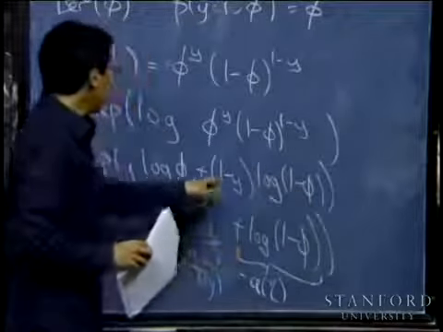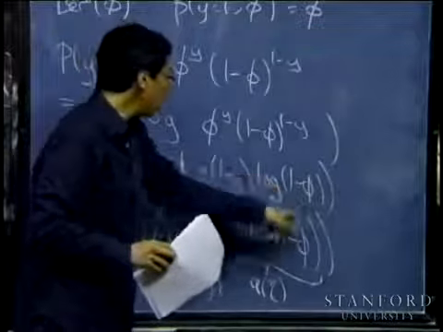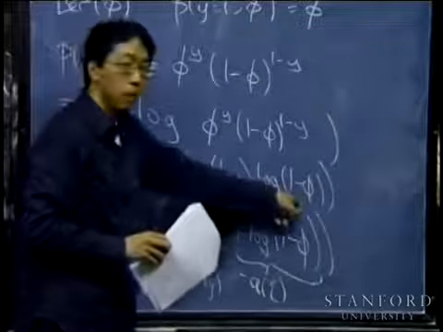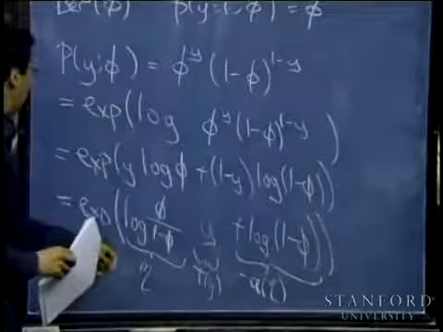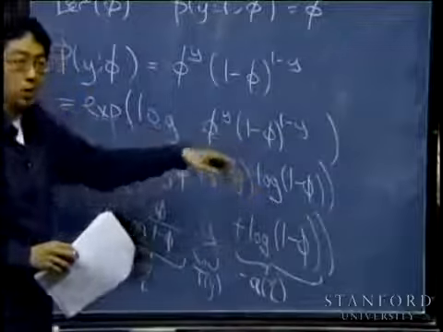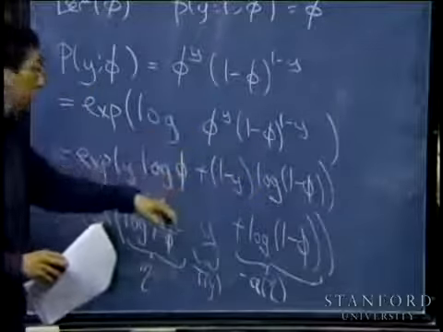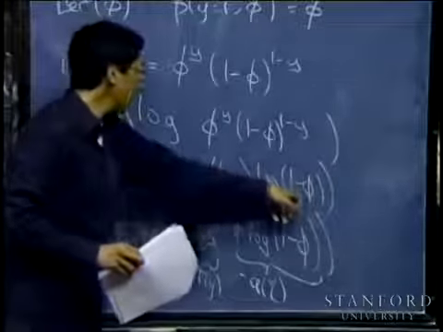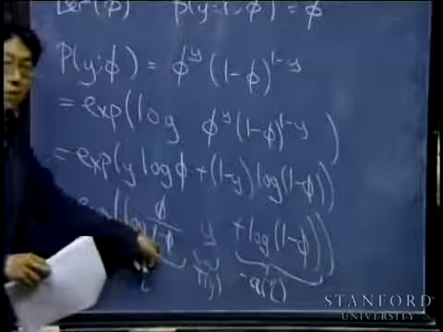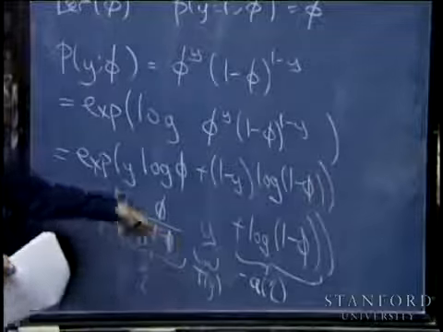So 1 times log 1 minus phi becomes this. And the other term is minus y times log 1 minus phi. And the minus of a log is log 1 over whatever. So minus y times log 1 minus phi becomes y times log 1 over 1 minus phi. Does that make sense?